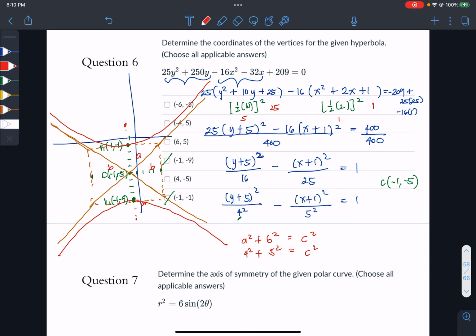So that's how the hyperbola looks like. Okay, so for analytic geometry, you need to be very familiar with completing the square.